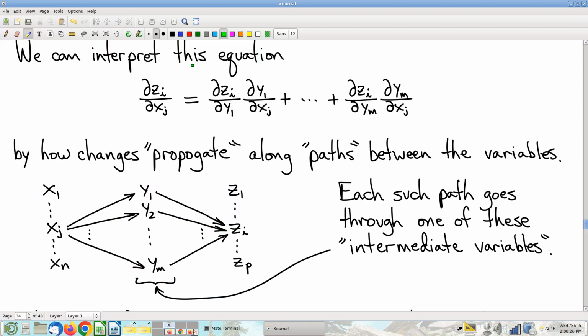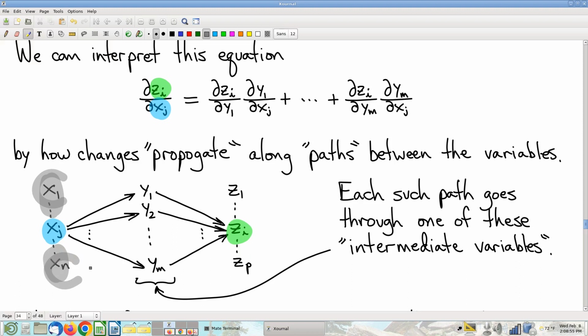If I want to compute a partial of zi with respect to xj, there it is in this diagram. Being a partial derivative, don't forget that means that all these other x variables are to be held constant. So those are all constants. So that's our scenario.